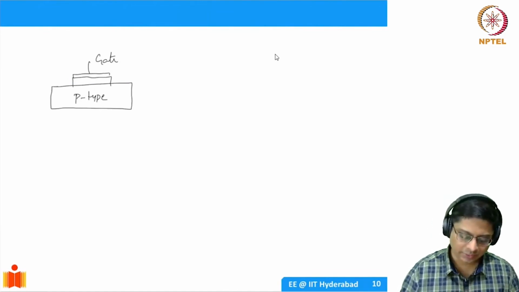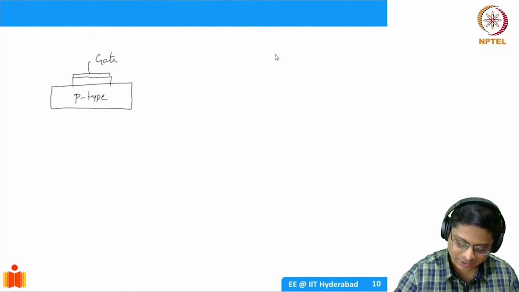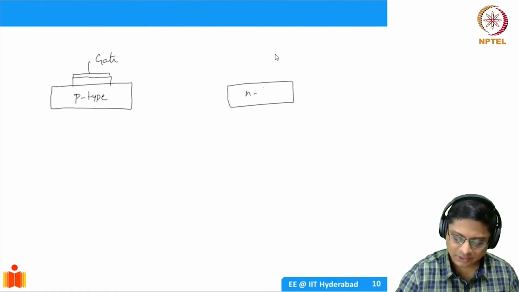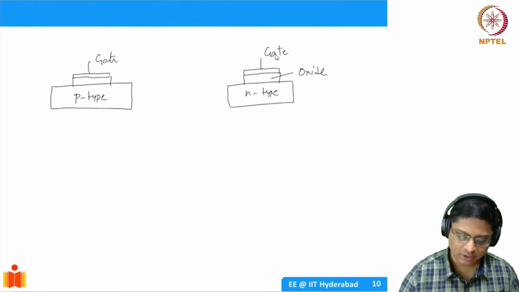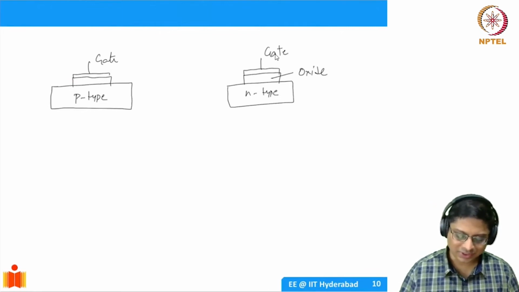Okay, so now if you have this substrate, you could also have an alternative structure wherein you start with an n-type substrate. There is an oxide. This is oxide. And then there is a metal on top, which I'll call a gate again. Okay. So let's change our notation a little bit.